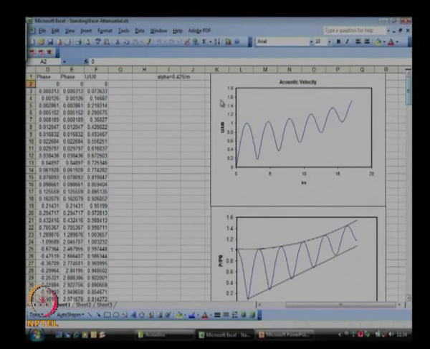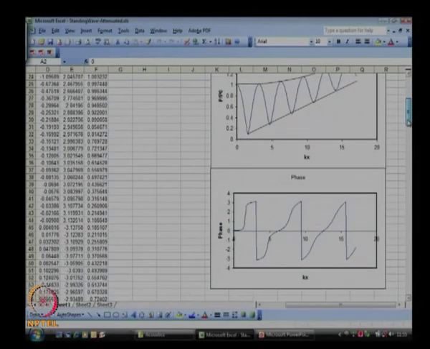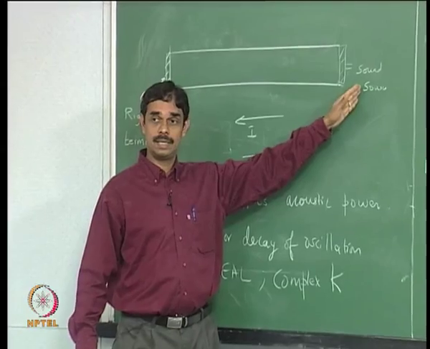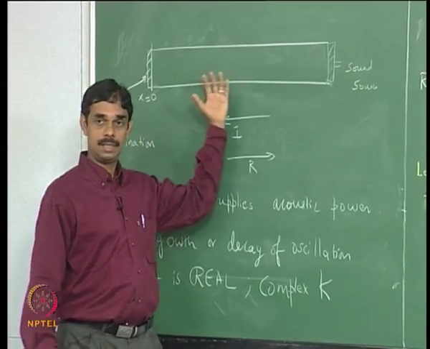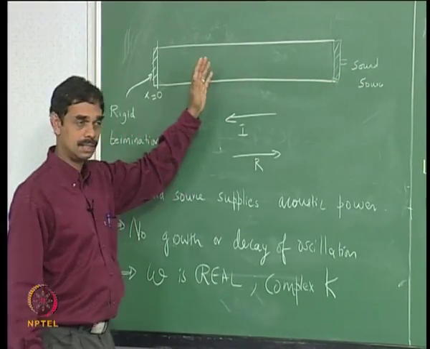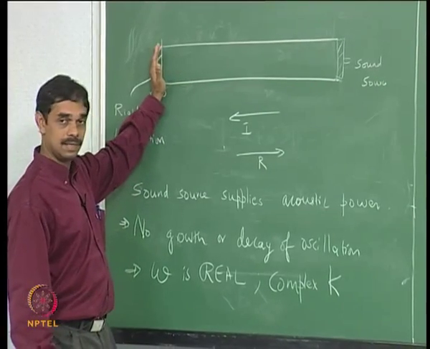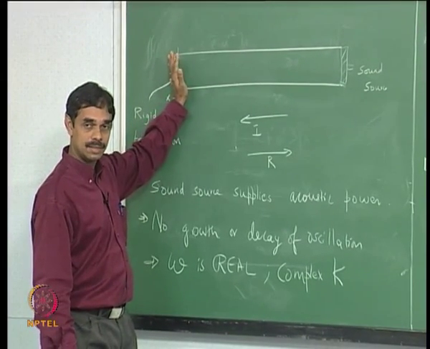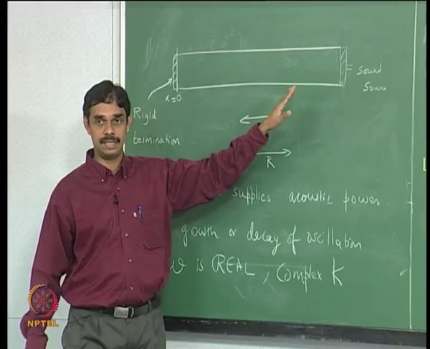And this is how the acoustic velocity would look, and I have again normalized the velocity and pressure with their values at x equal to 0. And last thing, try to see if this interpretation of phase agrees with what you think, because if you have a sound source here and energy is coming to it and the left running wave is decaying, eventually it will come here, and then what is going here will also start decaying.